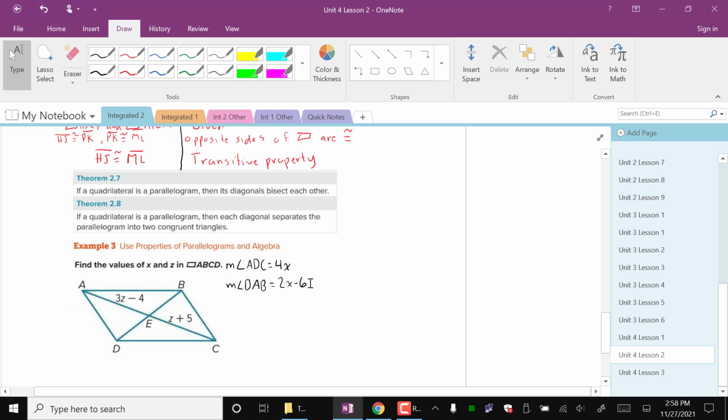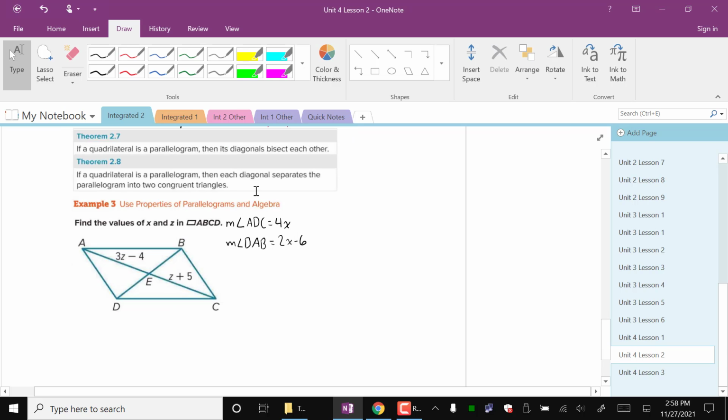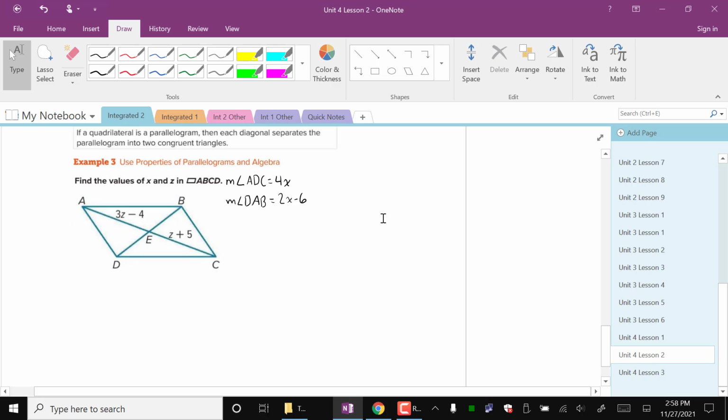We're going to use those angles, and we're going to use that idea that the parallelogram creates two congruent triangles. So find x, and we want to find z. We have ADC, so that's right here, and we have DAB.